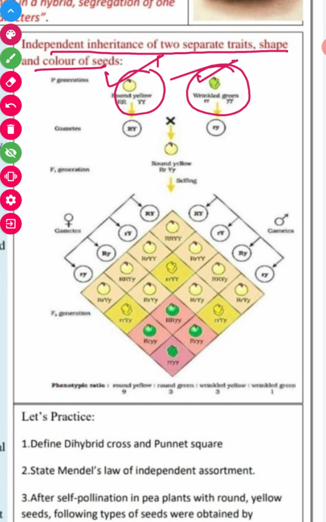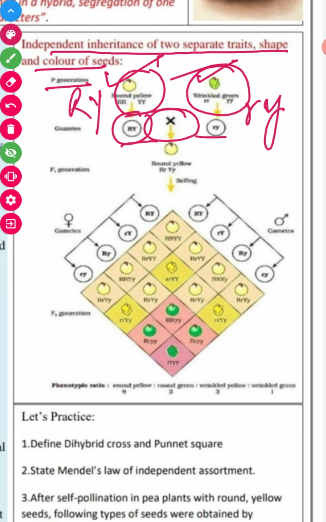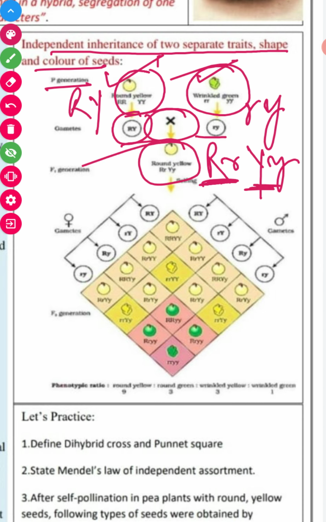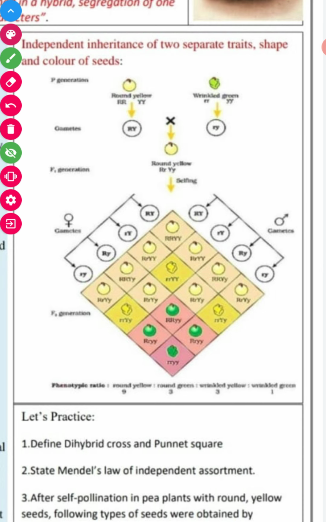Okay, if this is the parent and we make the gametes, we have capital R, capital Y, small r, small y, right? And if we make the cross between them, we get RrYy. This is round and yellow, because these two characters are dominant.